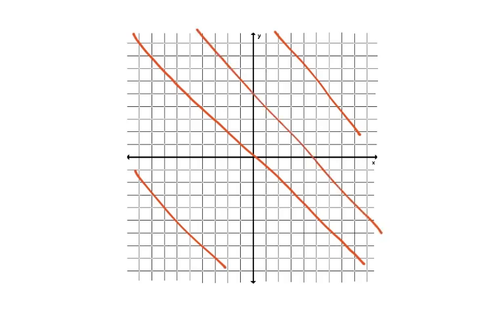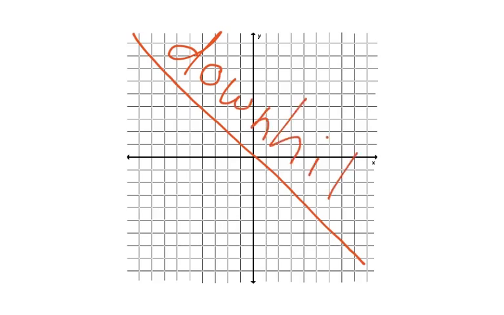Now, visually, a negative sloping line is always going to go in this direction, and it doesn't matter where it's at on the graph. It could be up here, it could be down here, it could be over here, but ultimately it is going in this downhill, or downward, direction.